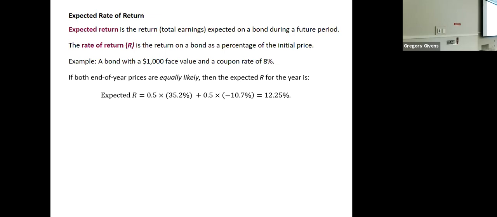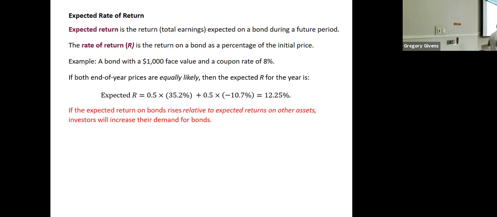But if you were to reinvest in this over, let's say, many, many different trials, what you would find is that the average return over all of those trials would be around 12.25%. That's, I think, the right interpretation of how you should view expected returns. It's kind of the average over all the different possibilities weighted by the probability or the likelihood of each one.